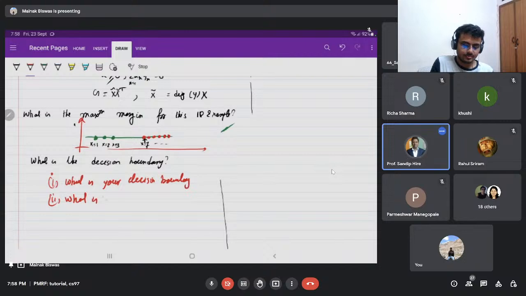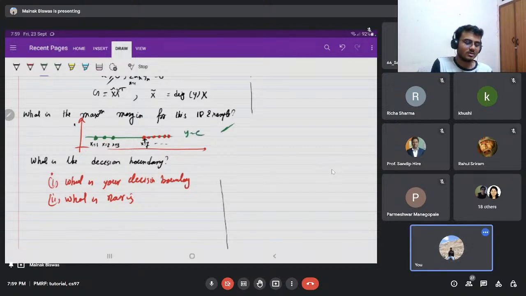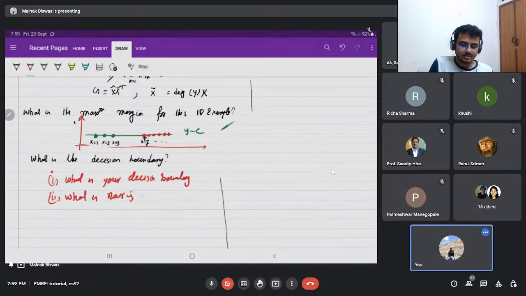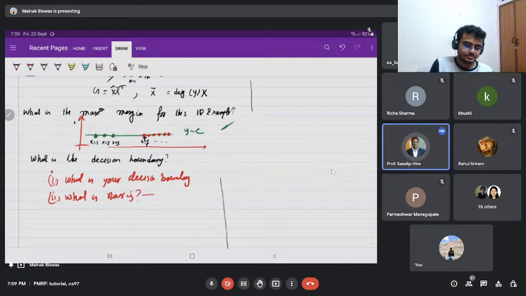Y is constant, x is varying. Correct. So what is the decision boundary? You want Y is equal to 5.5?